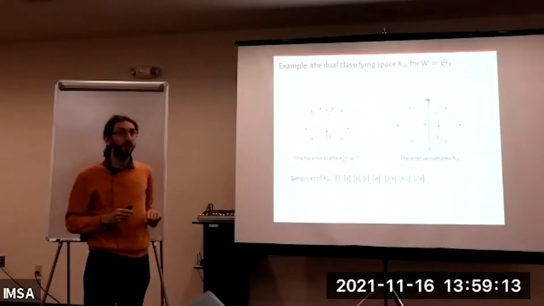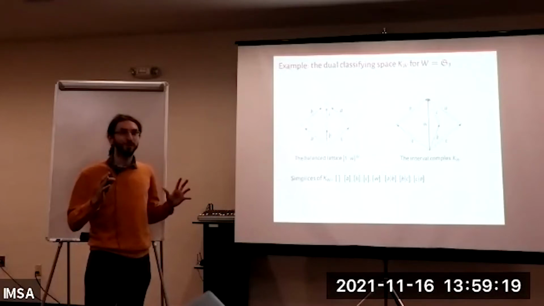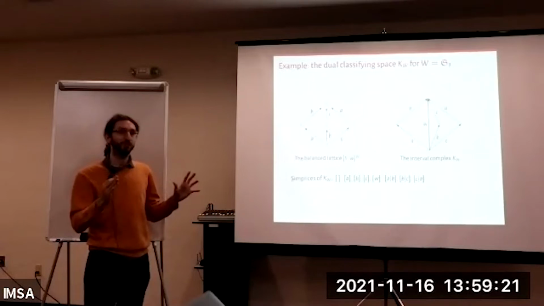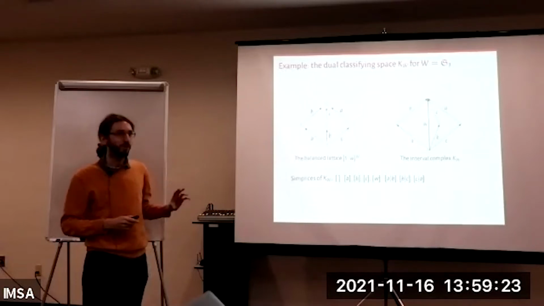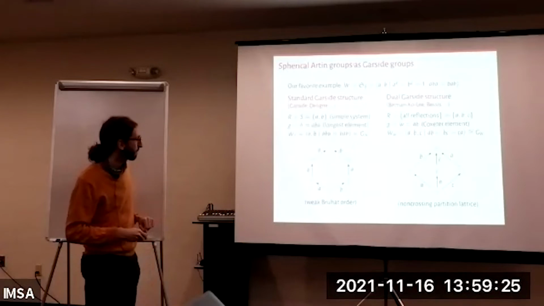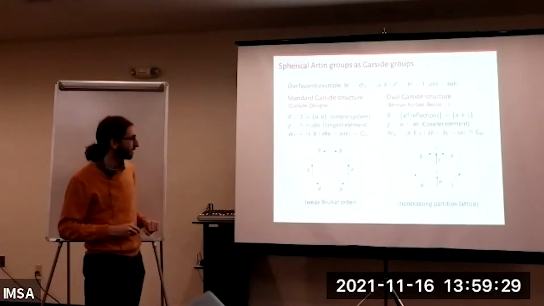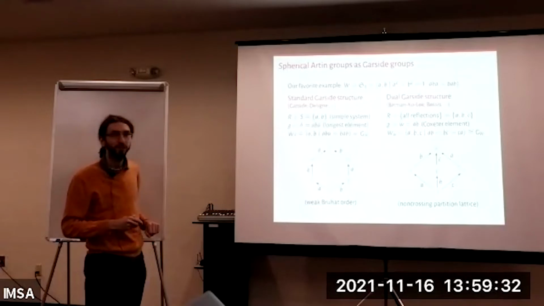It is dual because there are several, let's say, numerical properties that get exchanged when you pass between standard and dual. For instance, the number of generators on the left is equal to the height of the poset on the right, and vice versa.